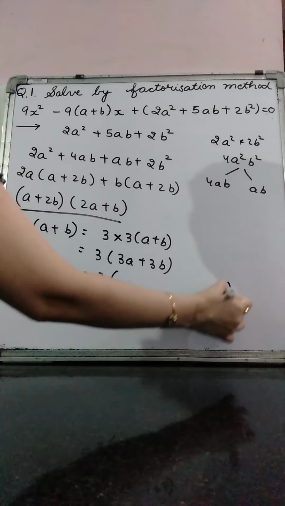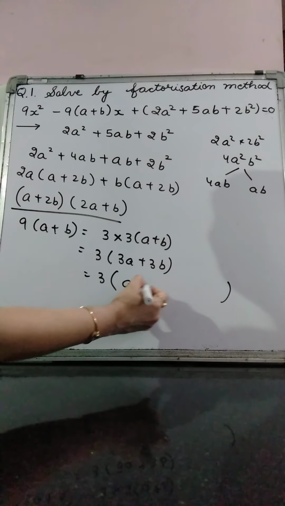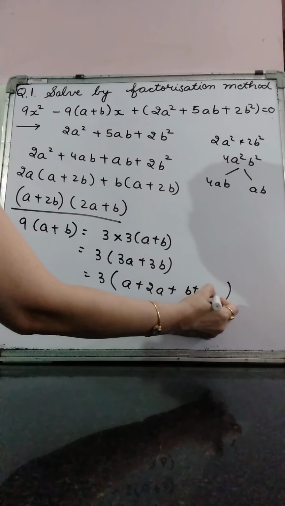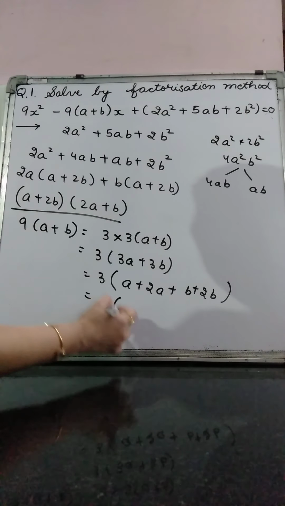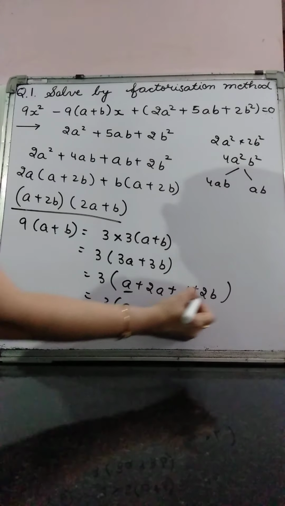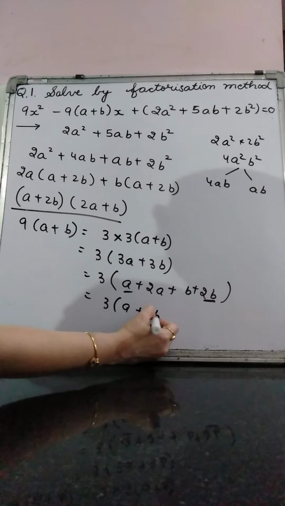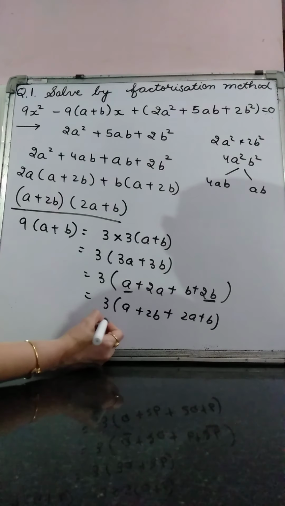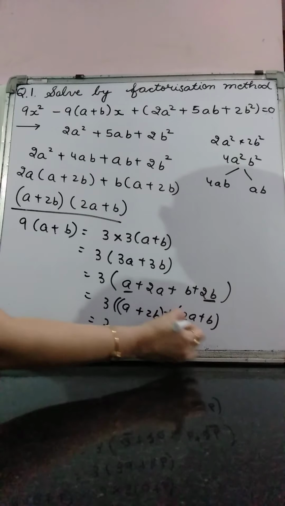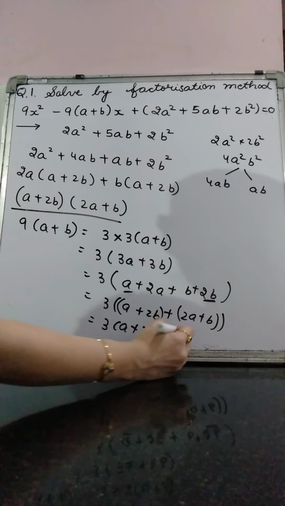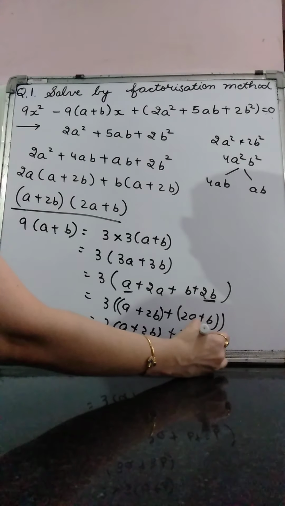Now break 3a into a plus 2a and 3b into b plus 2b. With a take 2b, and with b take 2a. Now multiply them: 3 (a plus 2b) plus 3 (2a plus b).